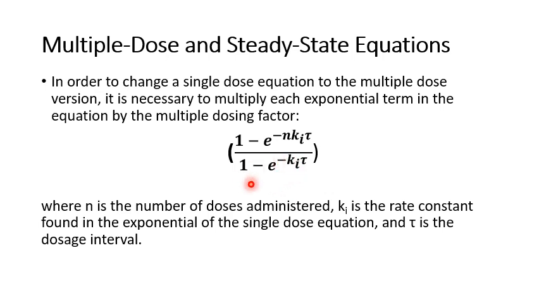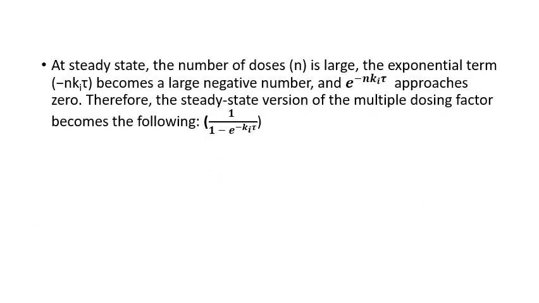A similar approach applies to the other side of the equation. At steady state, the number of doses, n, is large. The exponential term, minus n k tau, becomes a large negative number, and this value approaches zero.